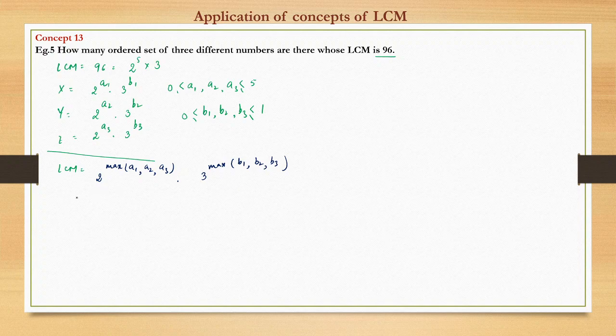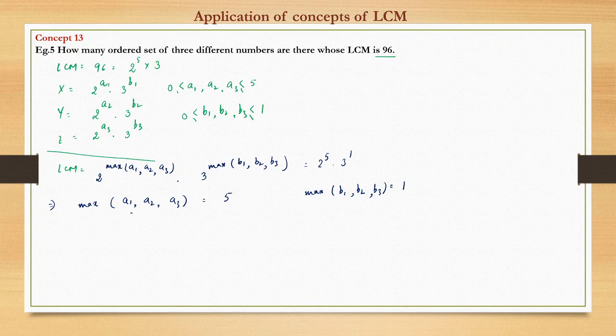Now we know the LCM is 2 raised to power 5 into 3 raised to power 1. So it means the maximum of a1, a2, a3 has to be 5, and the maximum of b1, b2 and b3 will be 1.